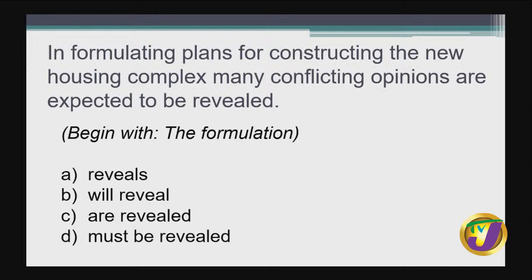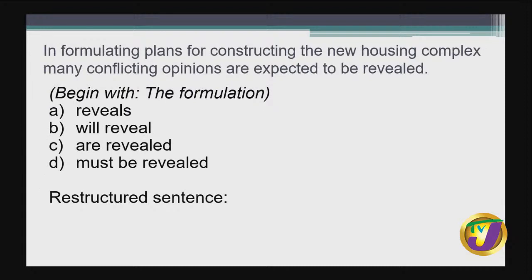What else must come in there? Remember your original meaning. You want to capture the meaning. So which of those expressions, when you use it in your new sentence, will still capture the original meaning? Let's see. So we're starting with "the formulation of plans for constructing the new housing development will reveal," and what will it reveal?